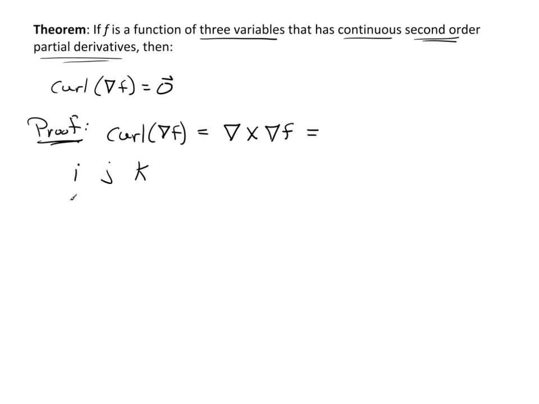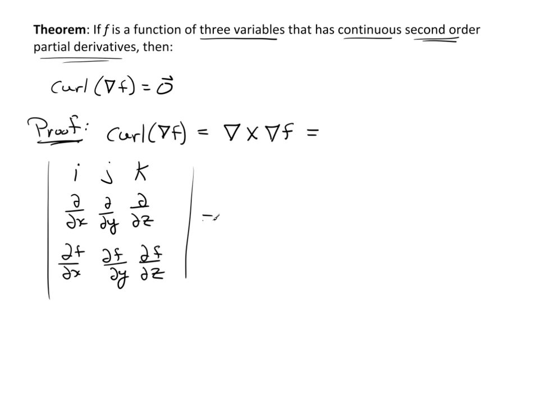And then I have this del operator, the partial with respect to x, the partial with respect to y, the partial with respect to z. Then, of course, the gradient is going to be the partial of f with respect to x in component form, the partial of f with respect to y, and the partial of f with respect to z. So now all I really need to do is work out this determinant.